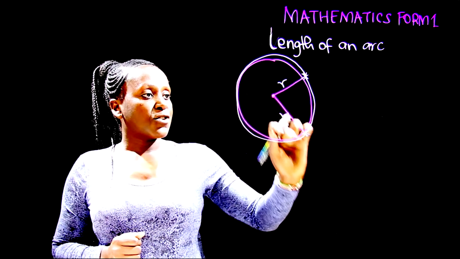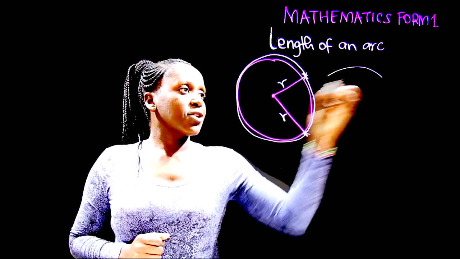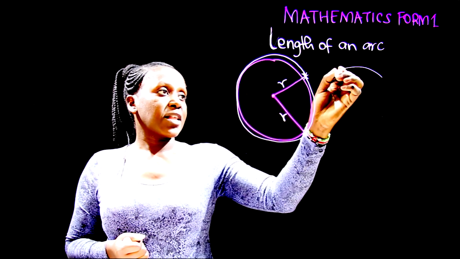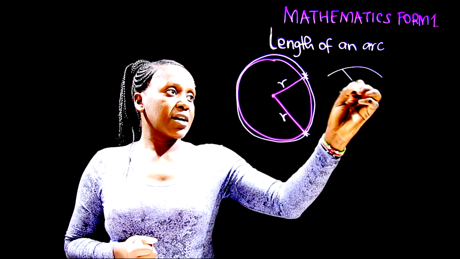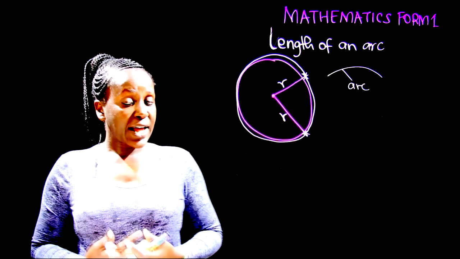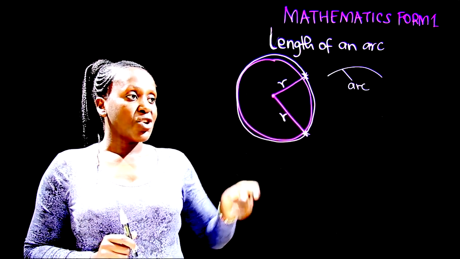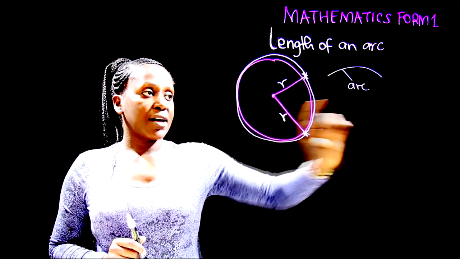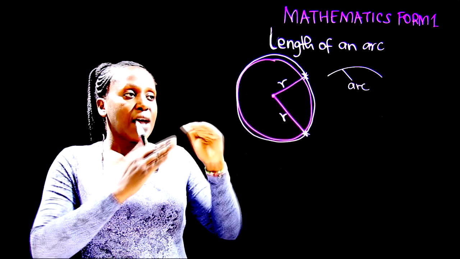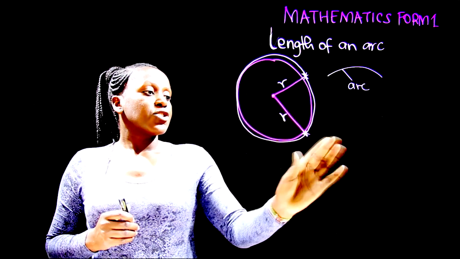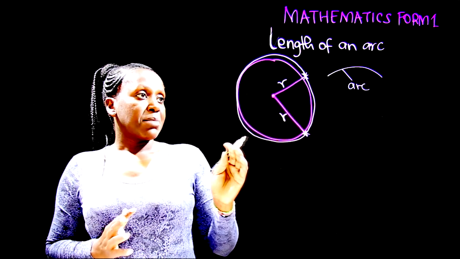Now, this part of the circumference, which is just like that, is the one that we refer to as an arc. That's why when you're doing construction and you're using your pair of compasses, you are asked to make an arc, okay? An arc is just a part of the circumference. So now, we have two of them in this case.